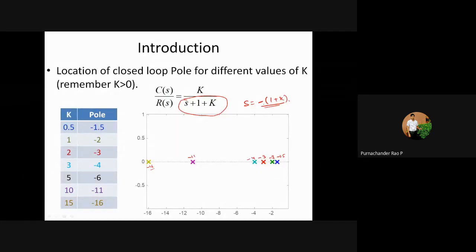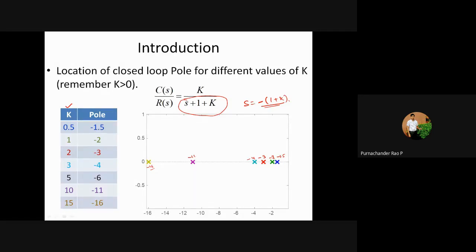The value of the pole varies with the value of K. If you take K equal to 0.5, the pole is located at minus 1.5, and K equal to 1 gives minus 2. Like that, this is the location of all the poles. Now if you join all these points, you are going to get that locus.